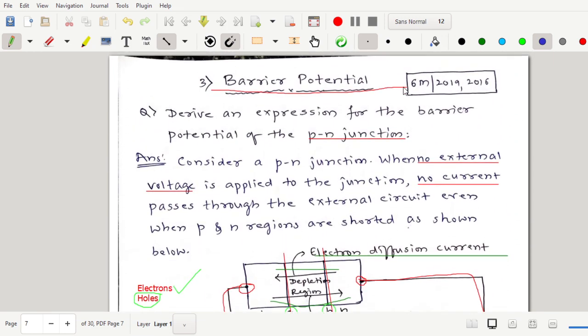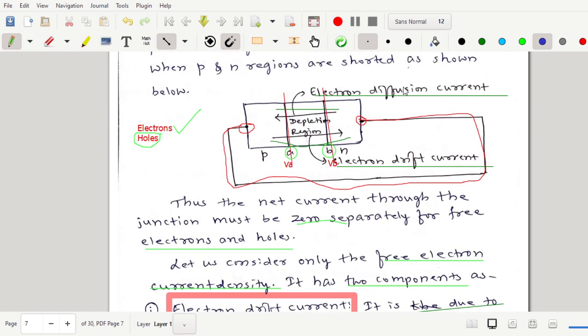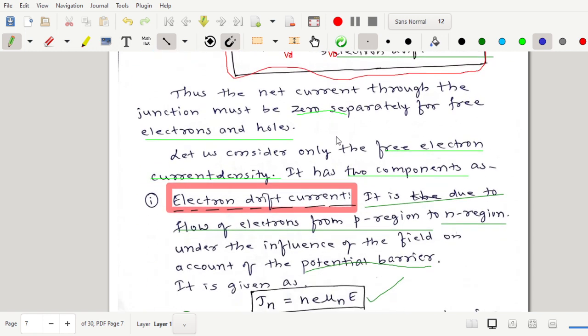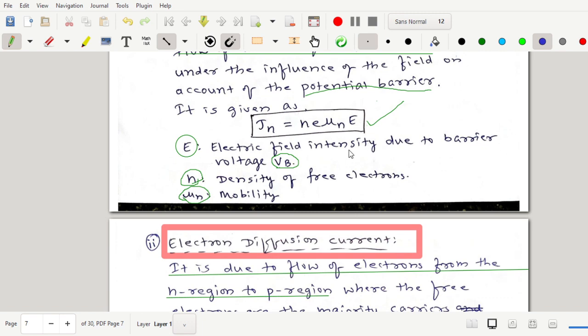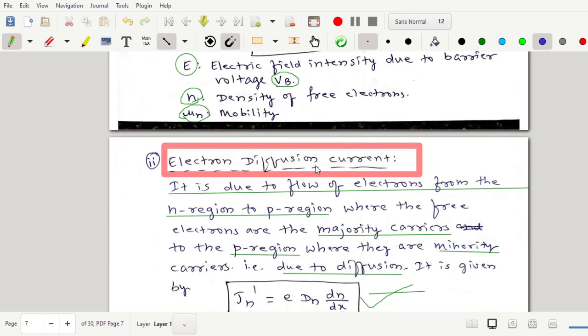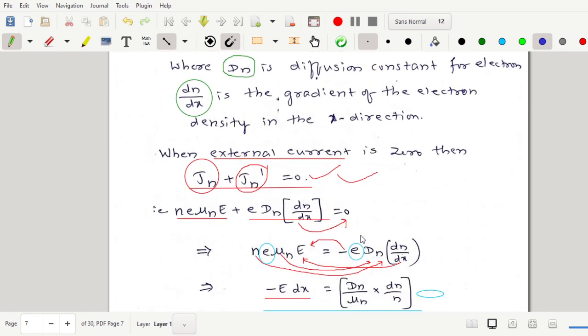The main thing we have to see is that if you consider the electrons, we will have two types of currents. One is electron drift current, and this is its expression. Then electron diffusion current, and this is its expression. When we add both, the net current is 0.